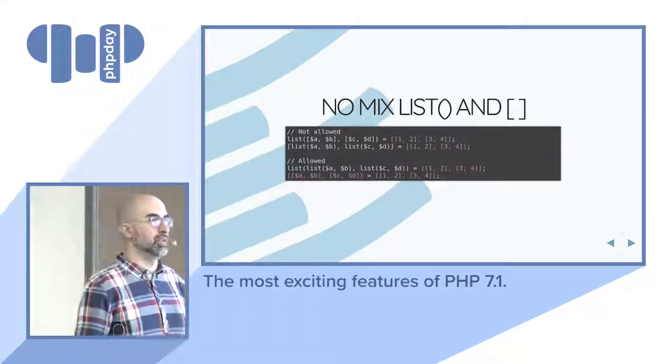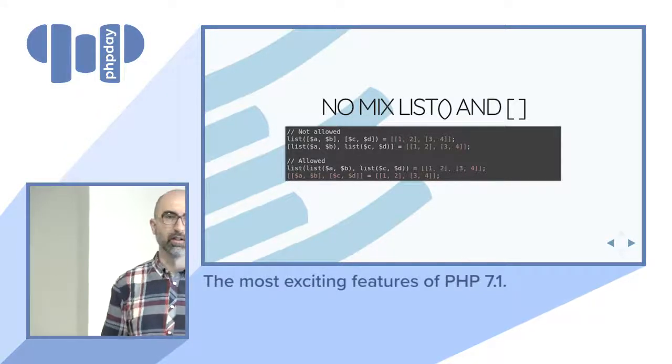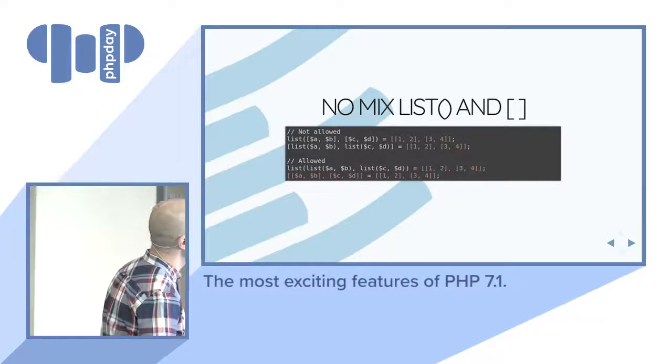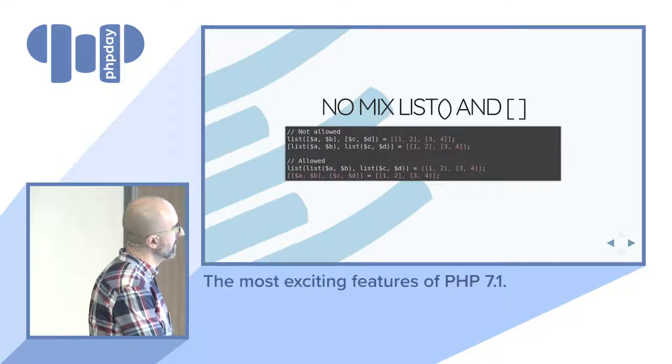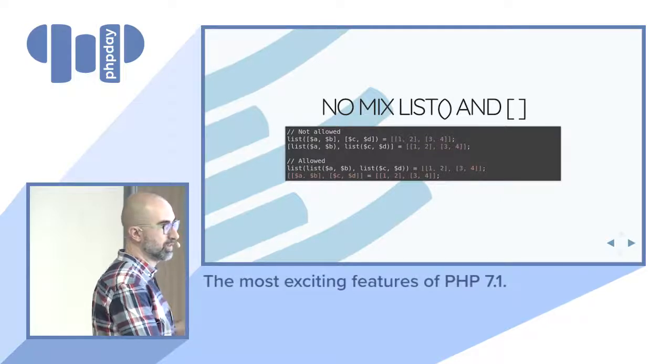But you are not allowed to mix list with the square brackets. So for instance, this is a more complex example. Basically we have an array with 2 elements, where each element is an array itself with 2 integers, 1, 2, 3, 4. If you try to use list and mix the syntax of list with the square bracket, it is not allowed.